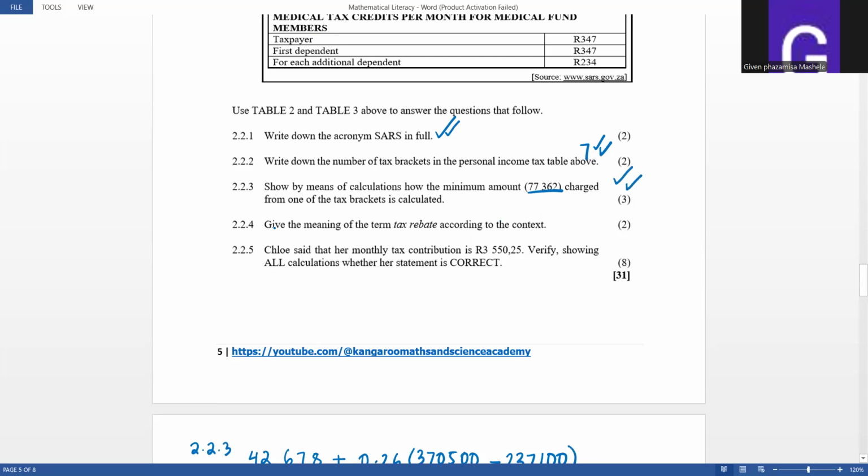Right. 2.2.4, it says, give the meaning of the term tax rebate. I think we explained that.